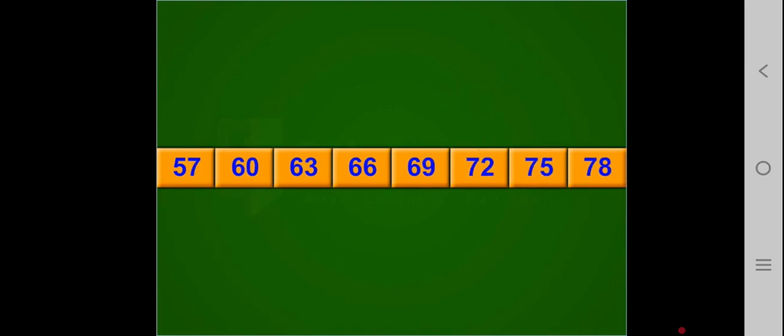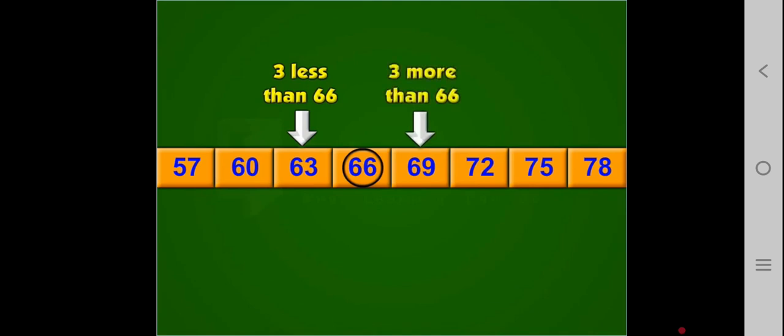Let's look at another counting tape and look for a number pattern. Let's start with 66. The number on its left is 63, which is 3 less than 66. The number on the right of 66 is 3 more than 66, that is 69. We can see the number pattern is 3 less on one side and 3 more on the other side.